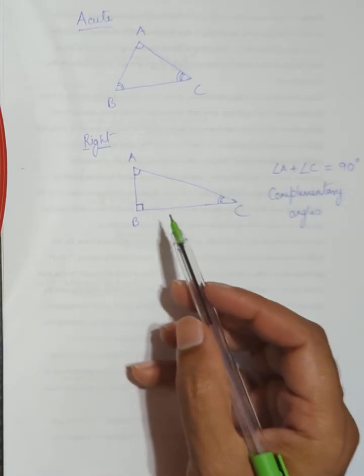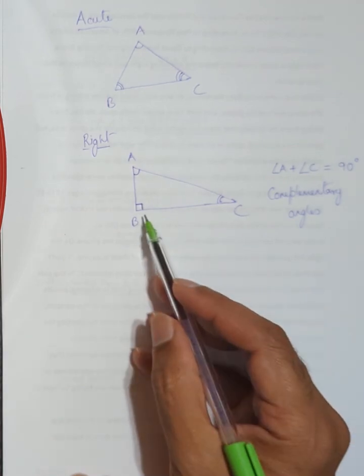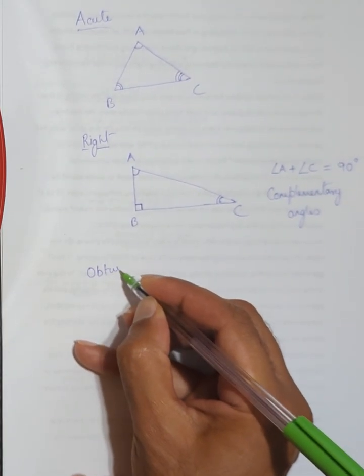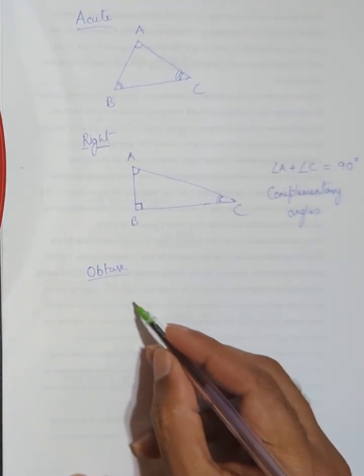And then you may also have a triangle where one of the angles is obtuse. So that's called an obtuse triangle. So what is an obtuse triangle?